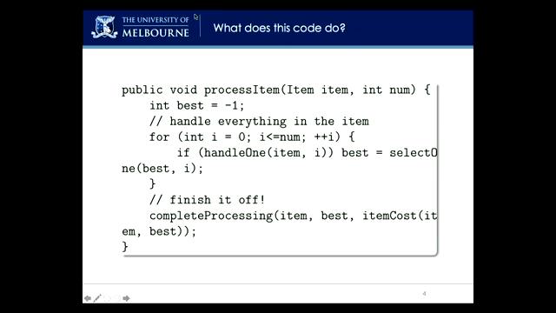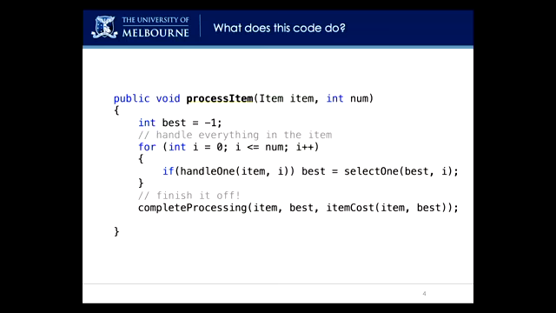Now, partly you have issues with the commenting there. You can say, well, I've commented. You can see there's "handle everything in the item." Handle everything, it means nothing. You've also got this issue of the code wrapping. You see how the code is wrapping and it goes down to the next line? That makes it very, very difficult to read. Even if we had it not wrapping, it still looks really nasty, in the sense that you can't make sense of what's happening.